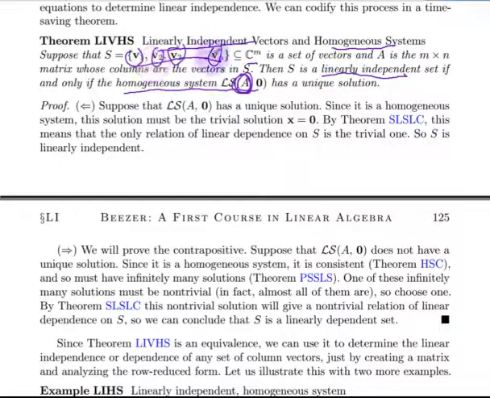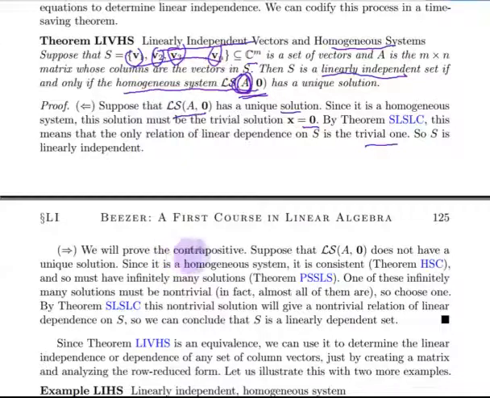These vectors are linearly independent if and only if the homogeneous system corresponding to that matrix has only the trivial solution. And that really is just the relation that we've talked about before. If this system has only the unique solution, it must be the trivial solution. So that means the only relation of linear dependence is the trivial one.